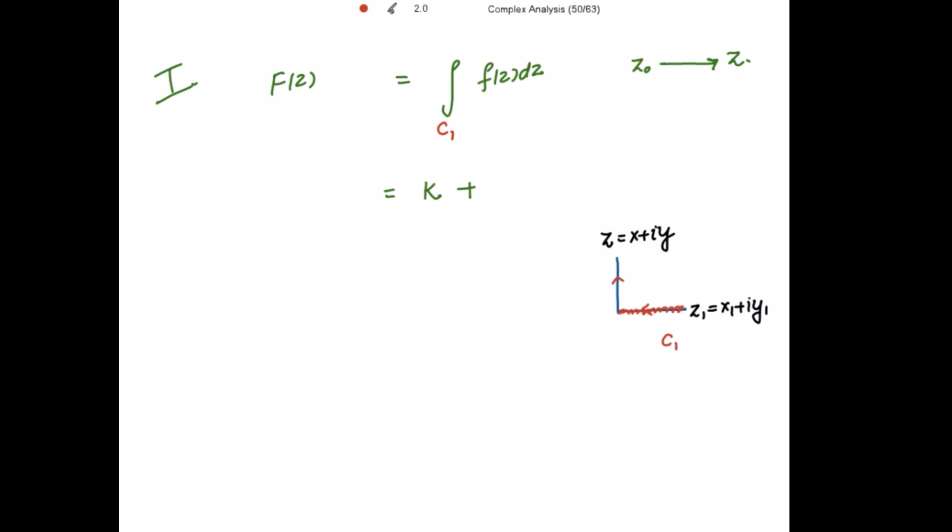Up to this point, f of z1, because I'm having z1 over here, so writing here f of z1, that is equal to f of x1 plus iota y1, right? So along this red colored path, what is constant? y1 is constant, right?